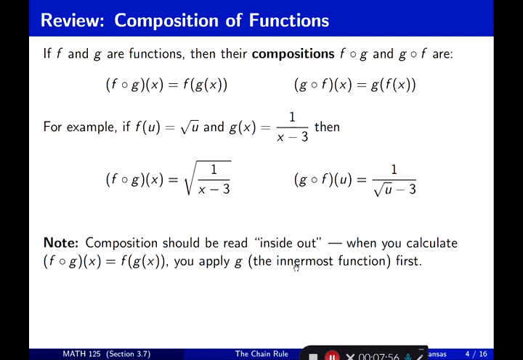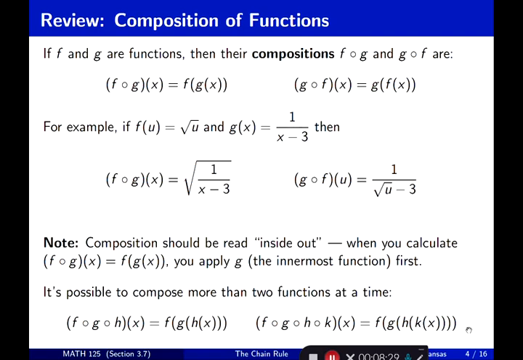So when we're talking about the inner function, you start from the innermost function. That's the one that takes the input variable. For example, in here g takes the x, and then f takes the output of g.